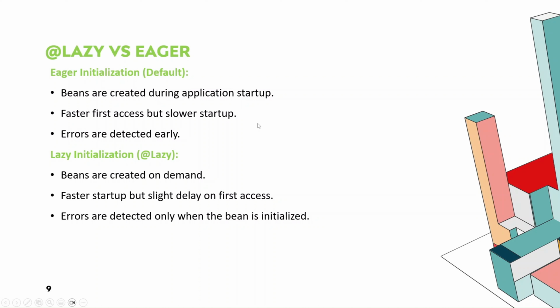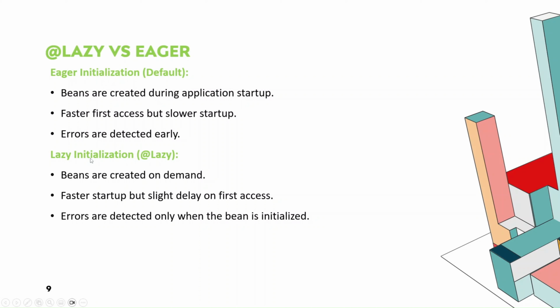Like the Windows example I gave you: Windows loads all the apps after boot up, so you can access the machine a little late, it will be slow because it starts up all the apps. Errors are detected early. If there is a problem with the beans, you get to know at a very early stage.